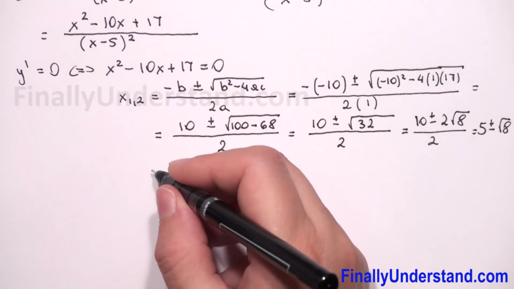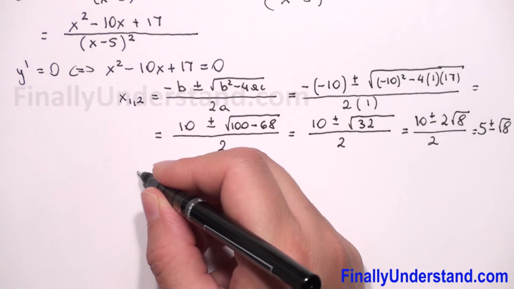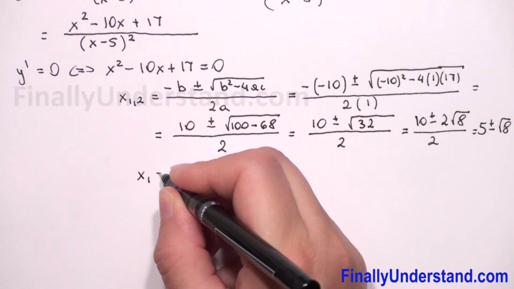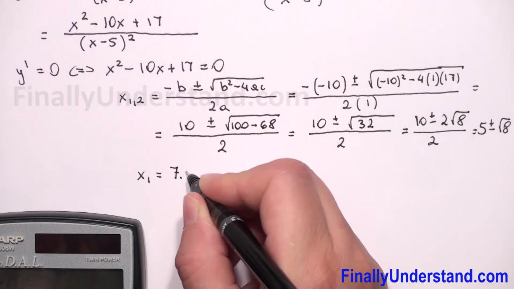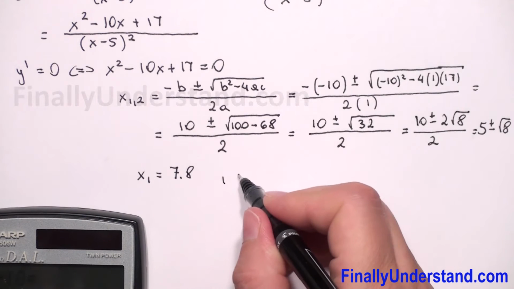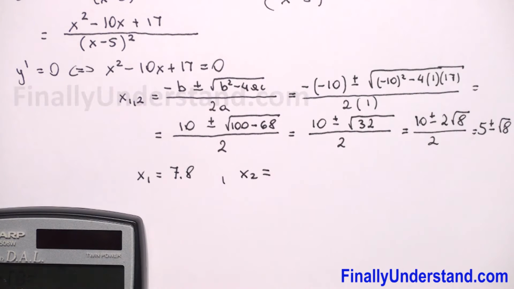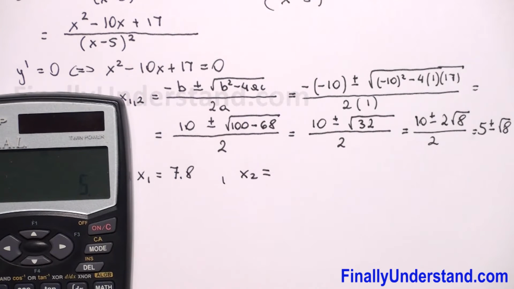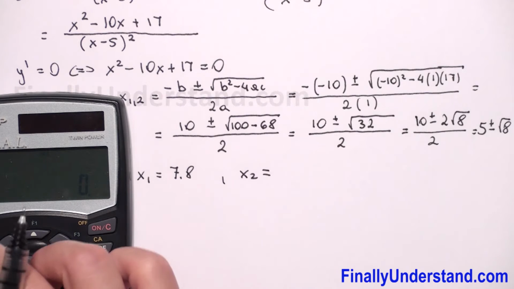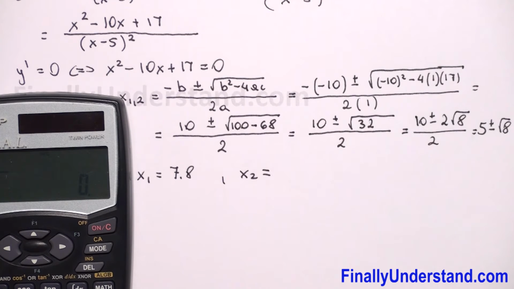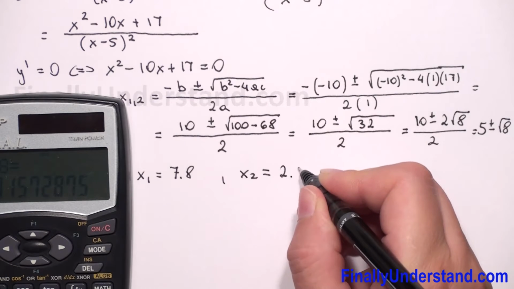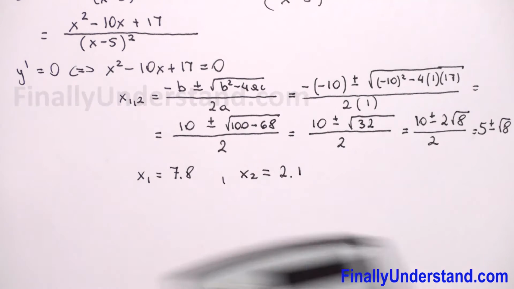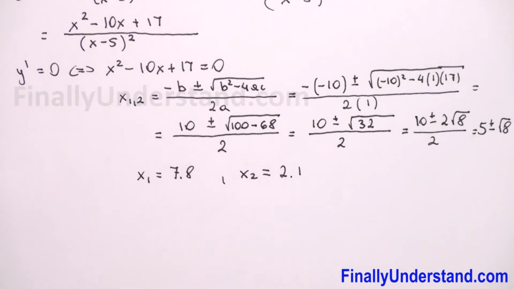We can use a calculator to calculate this. x1 will be approximately 7.8 and x2, equal to 5 minus the square root of 8, is approximately 2.1. So we have 2 critical values.